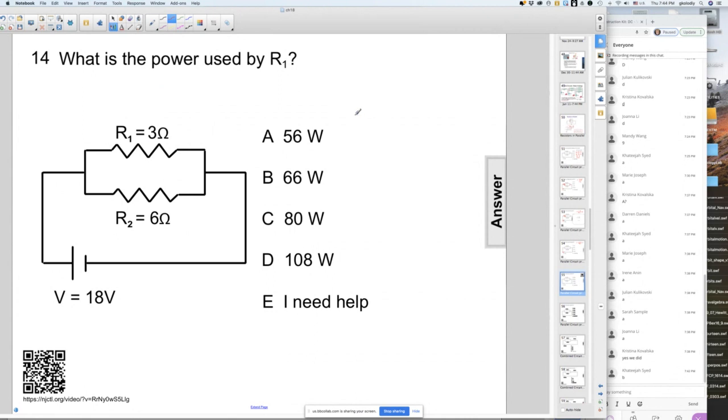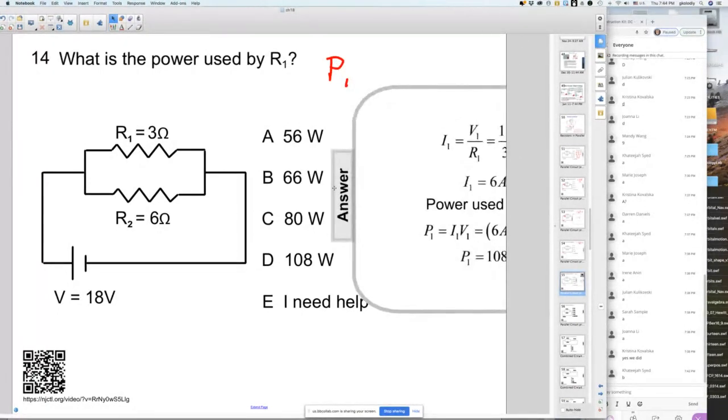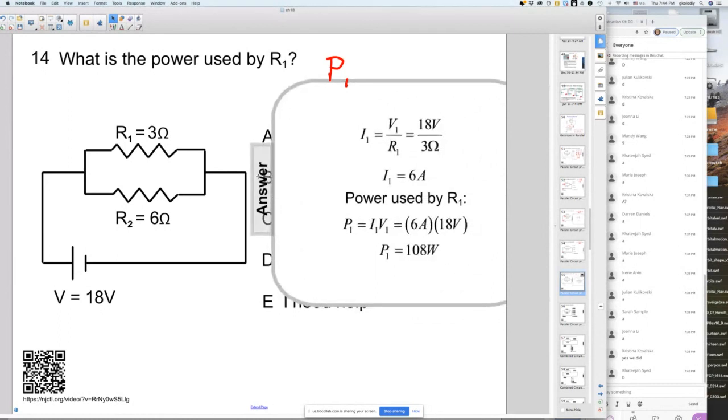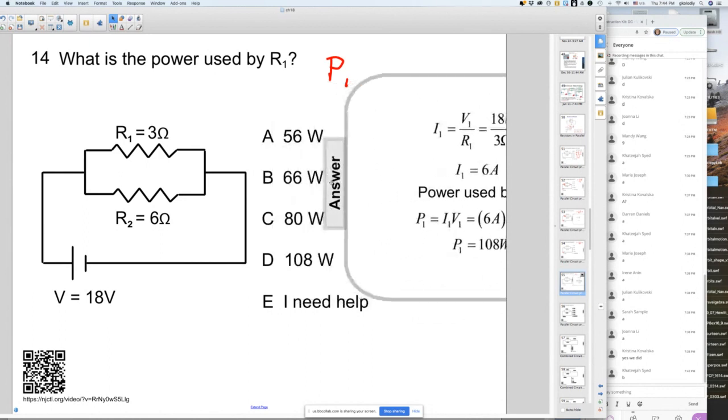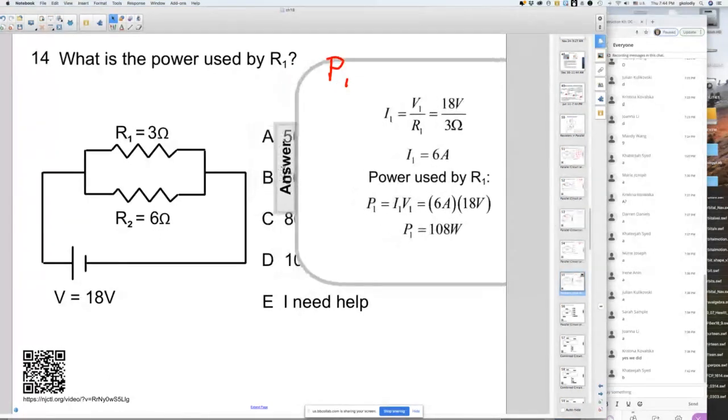And you get the power that goes through here, power 1. And I have the calculation over here, so I'll show you. Okay. Then you can do the same thing for the other one. And then you can do the same thing for the power delivered to the circuit like we did before.